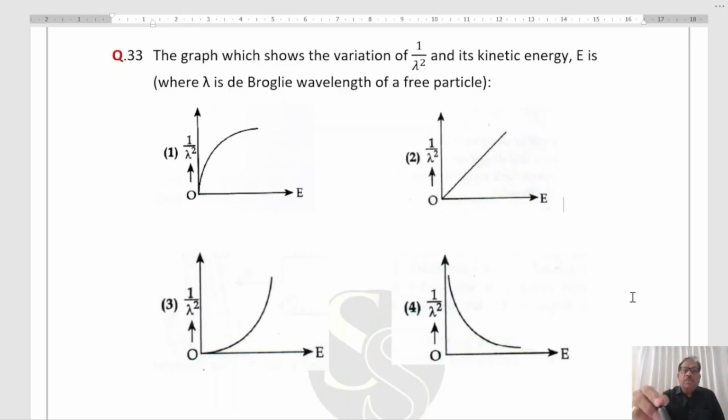The question is, the graph which shows the variation of 1 by lambda square with kinetic energy is. Before starting the solution, let's discuss the concepts applicable.